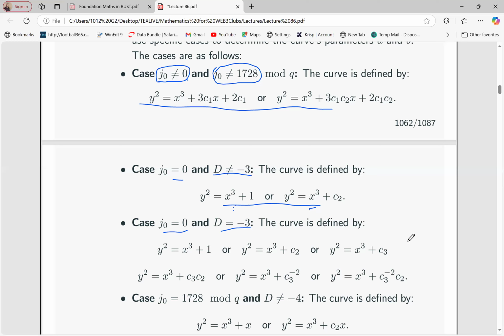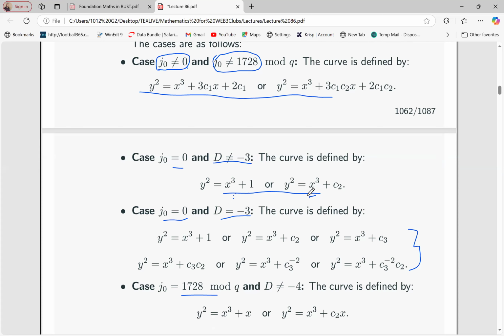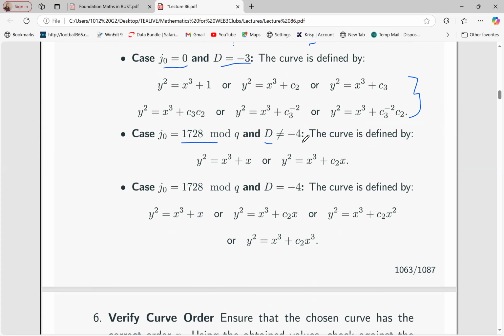Yes, these 6 scenarios. One of them would work for you. Now, what about if it's 1728? Again, we have these two cases. Either this, check the discriminant and see which option works for you from this.